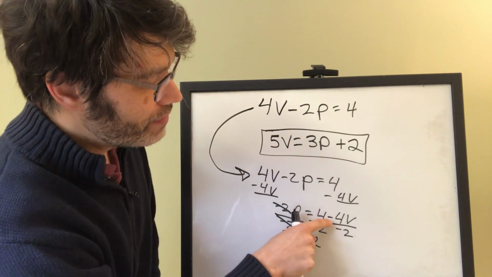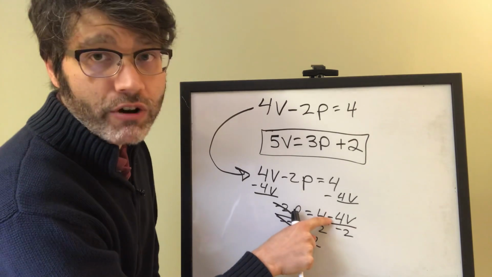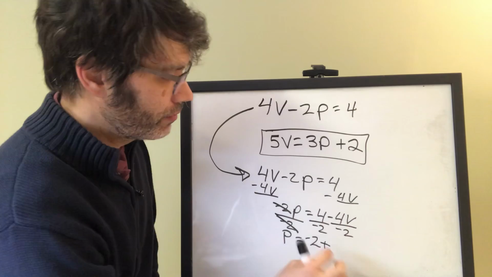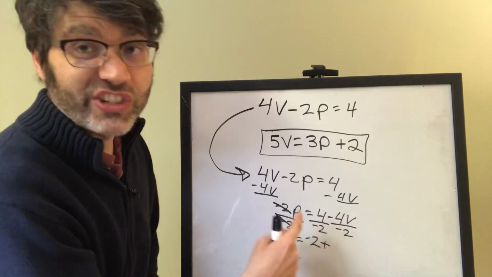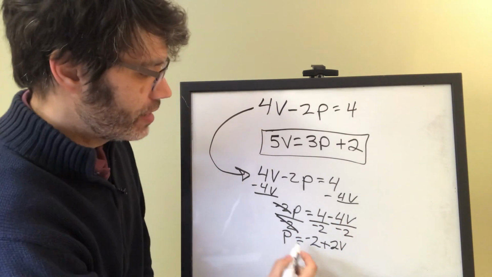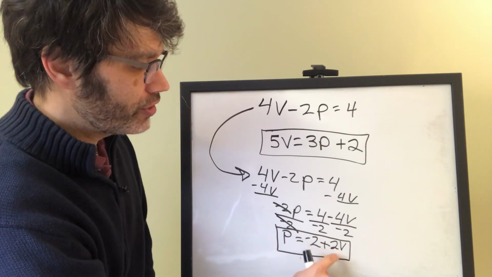Then we have negative 4v divided by negative 2, and negative over negative cancel out to be a positive, and 4 divided by 2 is 2, so this turns out to be 2v. So p equals negative 2 plus 2v.